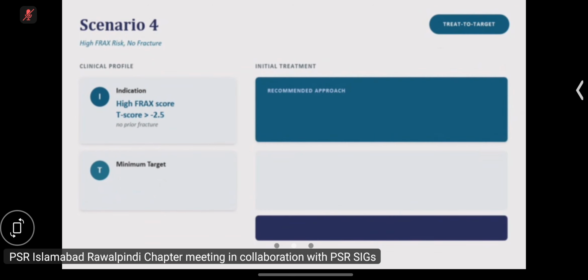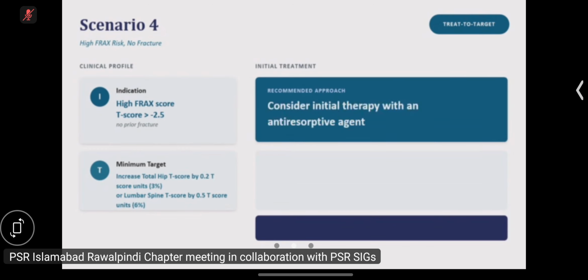And lastly, we have the case of a patient who comes to us with a very high risk of fracture. However, they have never fractured before, and also their T-score is over minus 2.5. So what to do here? The minimum target for this patient should be an increase in total hip T-score by 0.2 T-score units, or an increase in lumbar spine T-score by 0.5 T-score units.